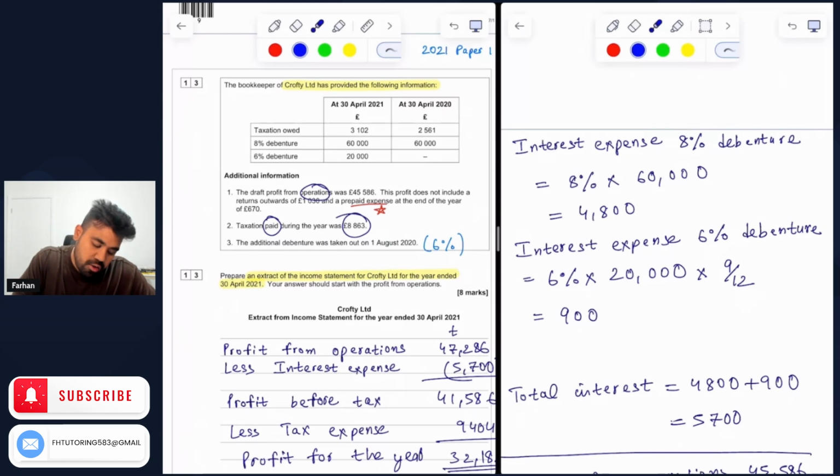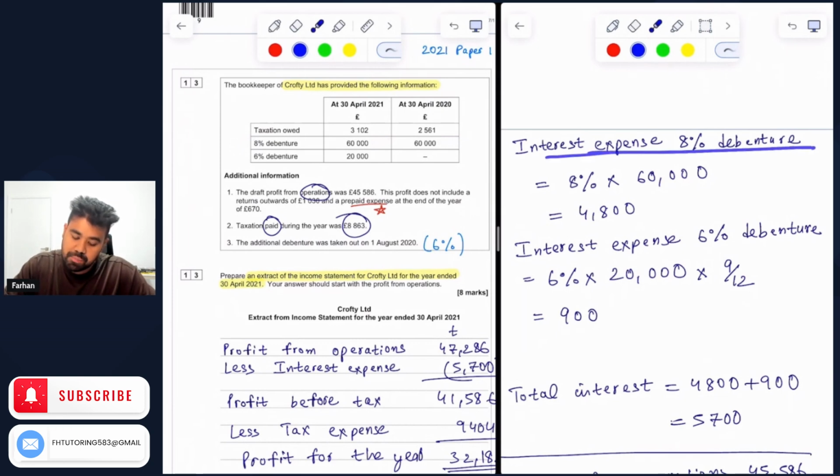If you check the figures for 8% debenture, you will see that the balance at 30 April 2020 is £60,000, and so is the balance at 30 April 2021, which is also £60,000, which means this is a long-term liability and the business still hasn't paid this off, which means the 8% interest rate is still applicable on this loan.